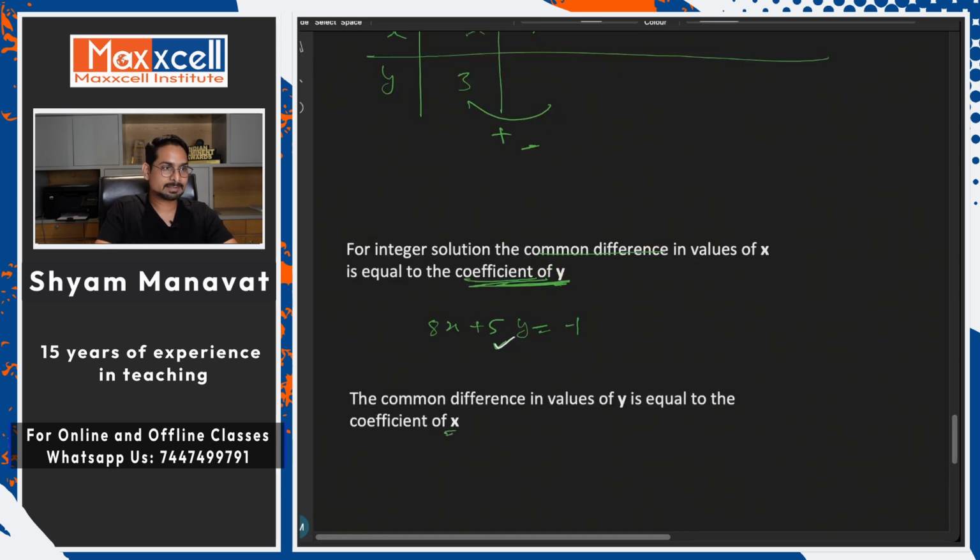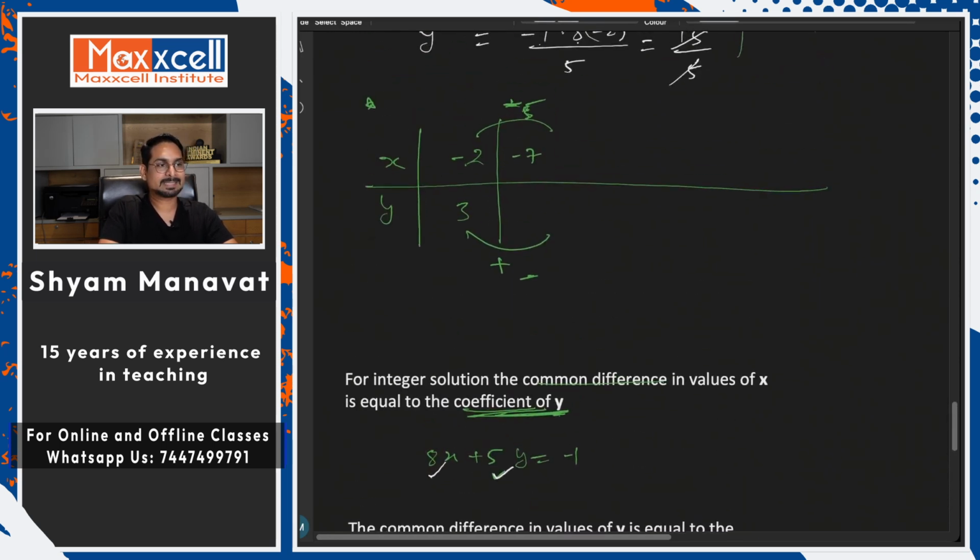The coefficient of x is nothing but 8. That means the next value of y here should be 3 plus 8. How much will that be? 11. What will be the next value of x? Again -5. So it will become -7, then -12, and the value of y becomes 11 plus 8, that is 19.